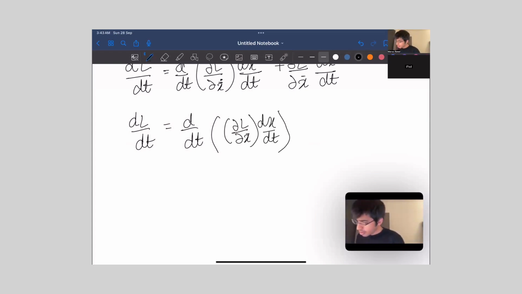Now, this looks very familiar to something called the Beltrami identity. So I'll write the Beltrami identity over here.